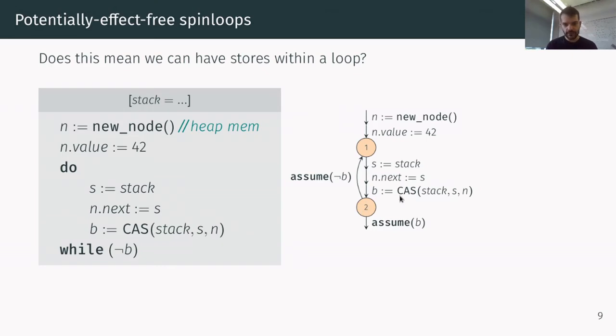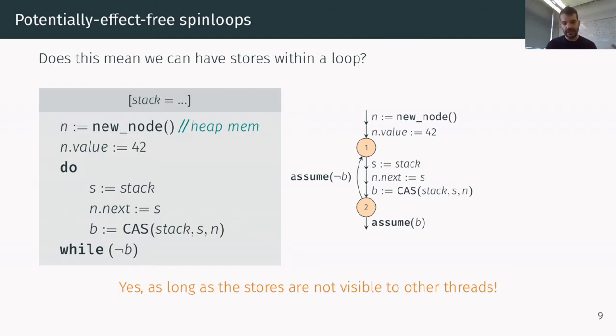And the actual problem is this store, because this store actually stores to heap memory. But this is okay as long as stores like this one are not visible to other threads.